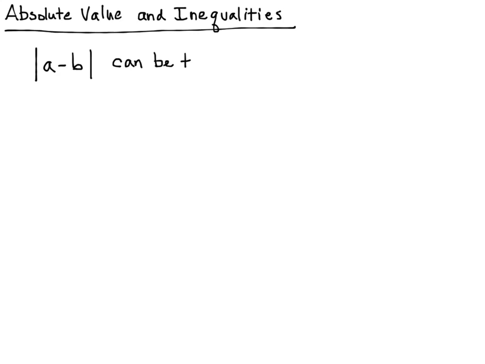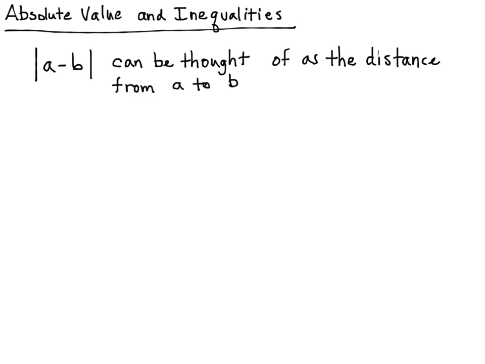Okay, so now we're going to move on, and we're going to talk about absolute values and inequalities. And so what I want to do is go back to when we were originally talking about absolute values and the differences between two numbers in an absolute value. I want to think of that in terms of being the distance from A to B on a number line. I'm not talking about a two-dimensional space.